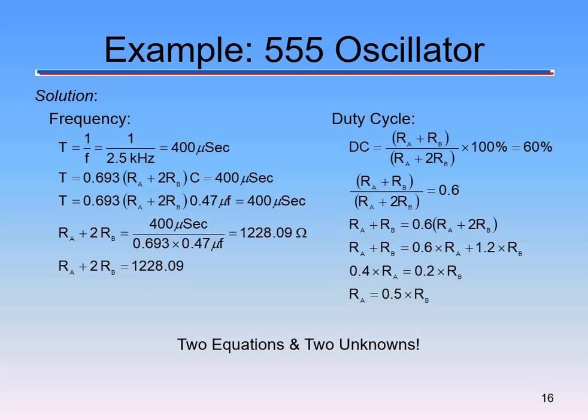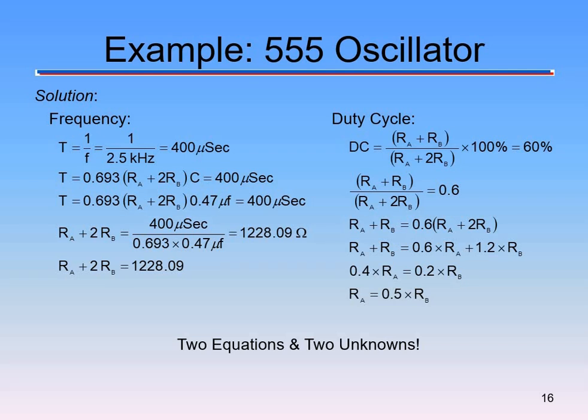So we have T equals 0.693 times RA plus 2RB times C, and we set that equal to 400 microseconds. And then we substitute in the given value of the capacitor. Okay, so we have 0.693 times RA plus 2RB times 0.47 microfarads equals 400 microseconds. So we're going to solve that equation in terms of RA plus 2RB.